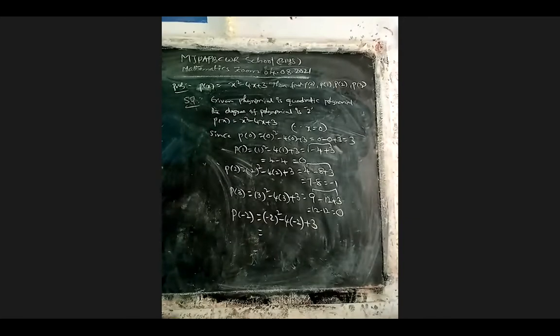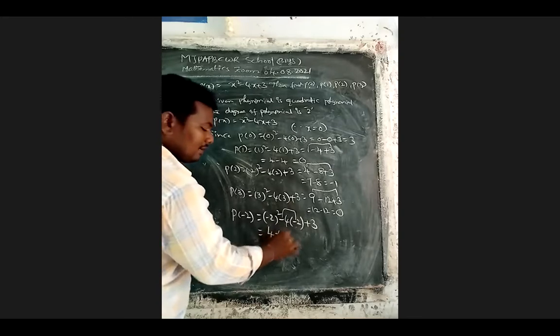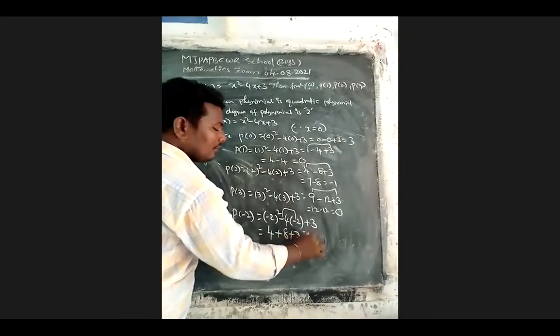Minus into minus is plus, 4 times 2 is 8, plus 3 equals 15. Very good.